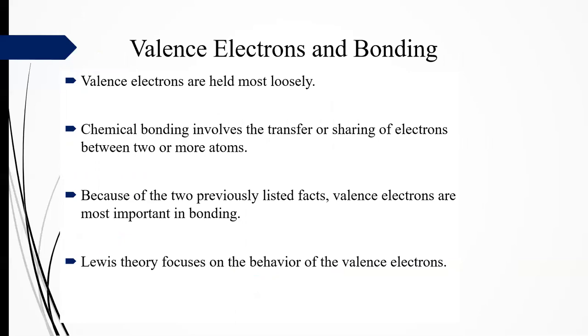Chemical bonding involves the transfer or sharing of electrons between two or more atoms. They're the most important inside of bonding because they're held the loosest, and they're the ones more likely to engage in this transferring or sharing of electrons.